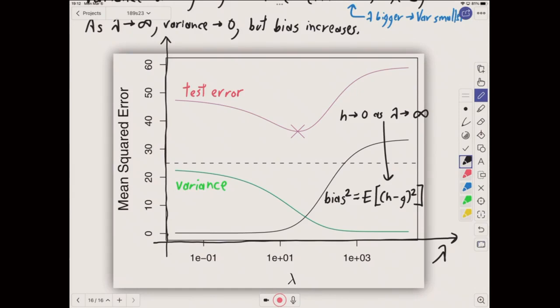And so obviously, if you go too far in that direction, you have a completely useless solution. So the bias is very large. And so the optimal point, the best choice for our hyperparameter, is somewhere in the middle where the variance is starting to go down, but the bias hasn't gone very far up yet.